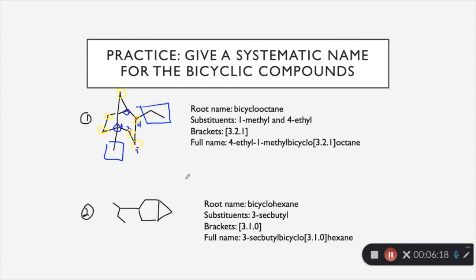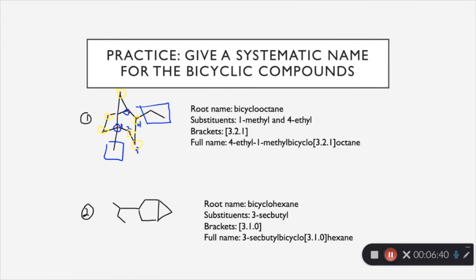For the next one, we have a bicyclohexane as the main one. And so remember, the root name is going to be the total number of carbons in the entire bicyclo molecule part, not including the substituents, but in the actual parent.